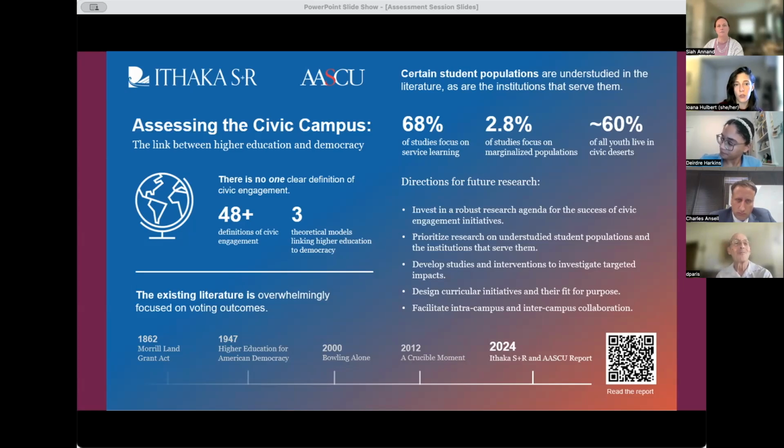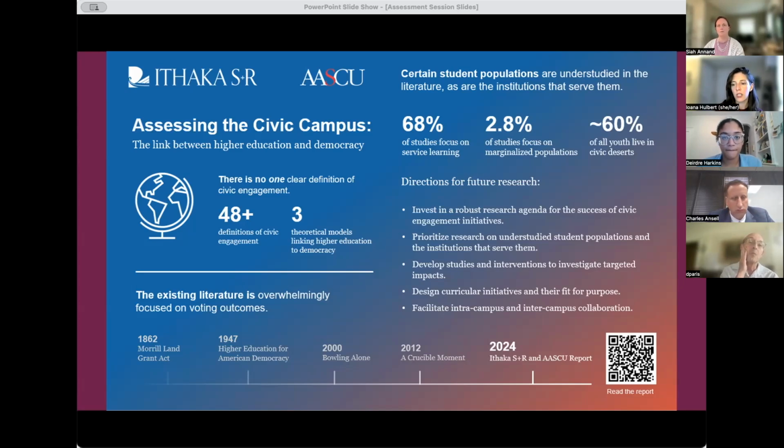You can track it longitudinally. It's harder to capture some of the civic agency kind of outcomes. It's harder to track attitudes. It's harder to track behavior that is not reduced to a binary, did you vote or did you not vote? So I think that is something that a lot of the assessments that we looked at grapple with.